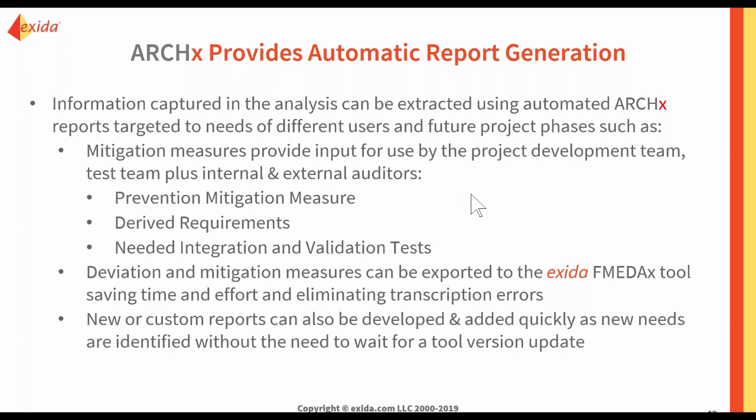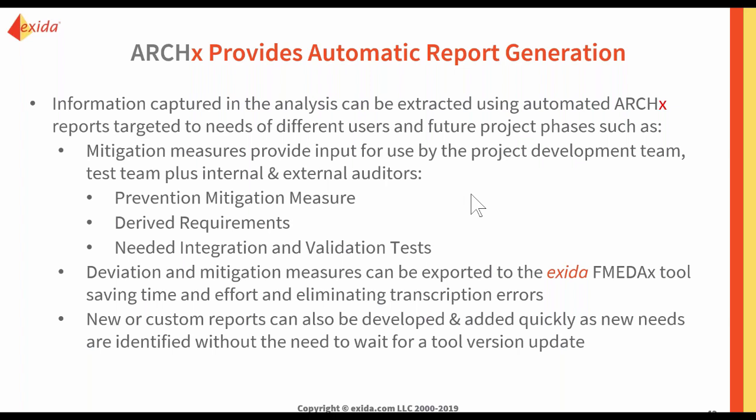There is a prevention mitigation measure list that tells us what we need to check for in our processes and our procedures. There are derived requirements reports, which tell us what we need to add to our requirements documents. And there are needed integration and validation test reports that tell us exactly what we need to add to our integration test planning and our validation test planning.